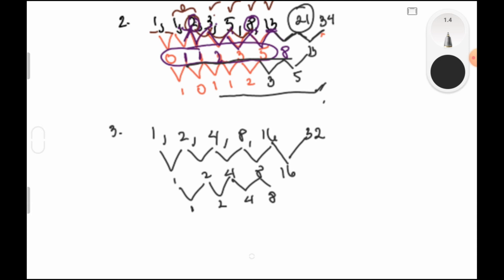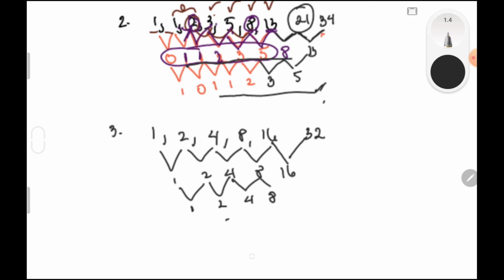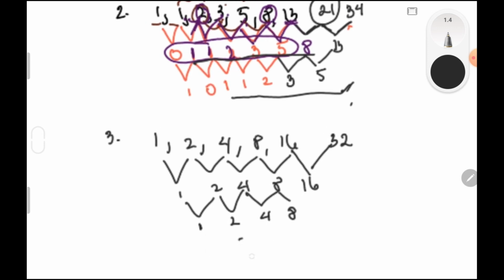So, another pwede natin gawin is ito. So, isipin mo, hindi lang naman ganyan, diba? So, how about if I would multiply that? I will multiply 2 or double the number. So, if I have 1 here, if I would multiply 2, I would get 2.